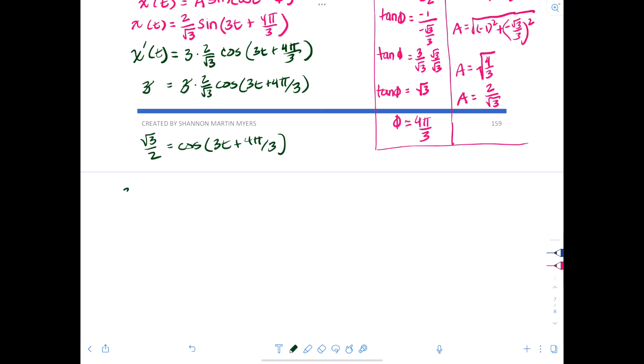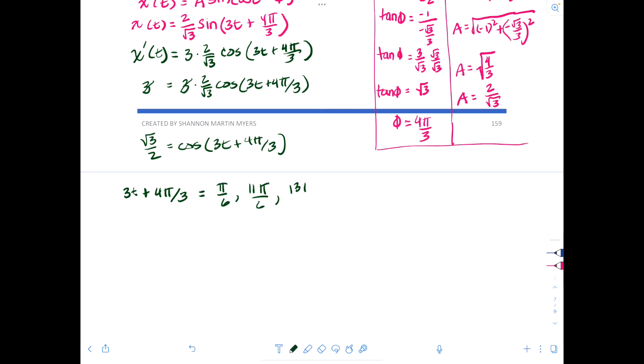So this whole angle, 3t plus 4 pi over 3, has got to equal pi over 6, 11 pi over 6, because that's the fourth quadrant angle that has a reference angle of pi over 6. And then each time I'm going to add 12 pi over 6, because that's 2 pi.